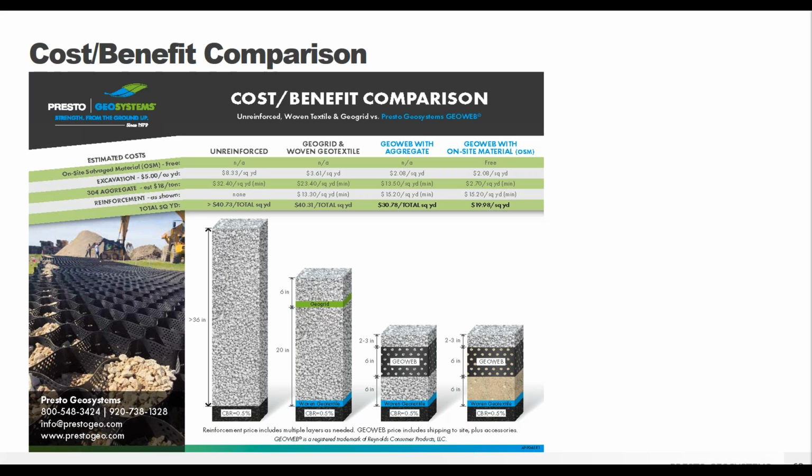And then just overall total cost per square yard is significantly lower than if you were to use a geogrid system per se. And then you can make that cost be even less if you use that salvaged material, if you're able to use on-site materials. So costs may vary. This is really just a quick overview. But if there are any questions about how this sort of thing works, happy to talk.